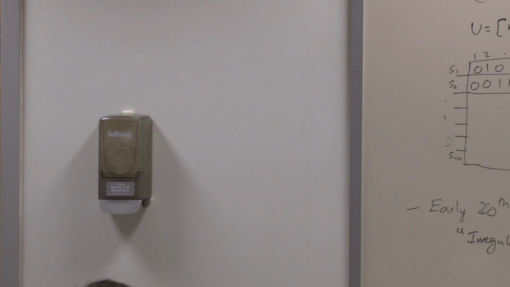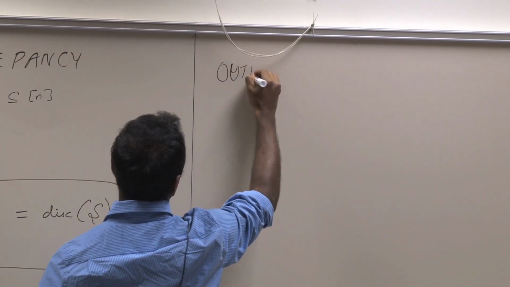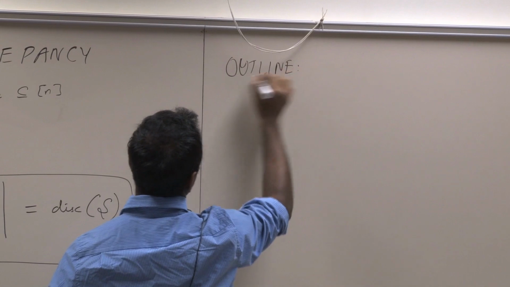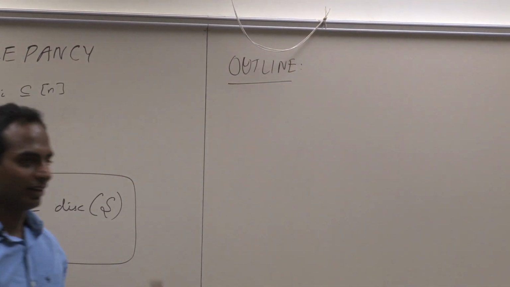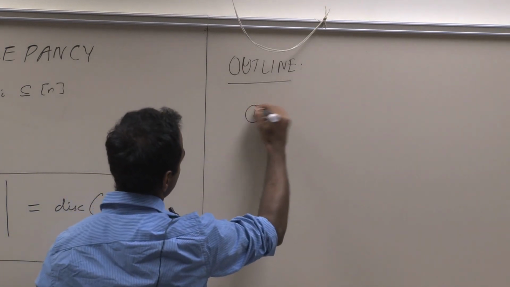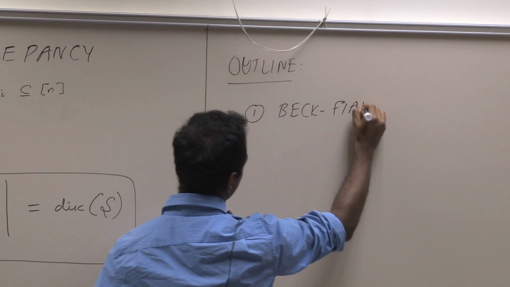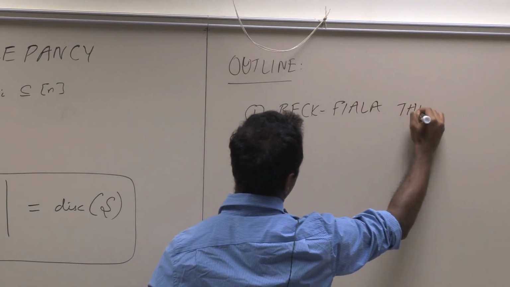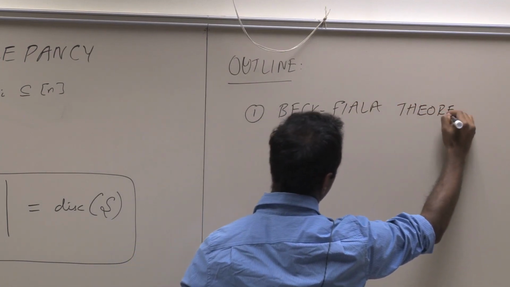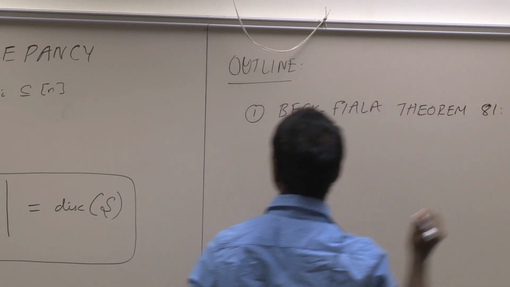So here's today's outline. I want to cover three main results in this talk, in this tutorial. The first is the Beck-Fiala theorem from '81.